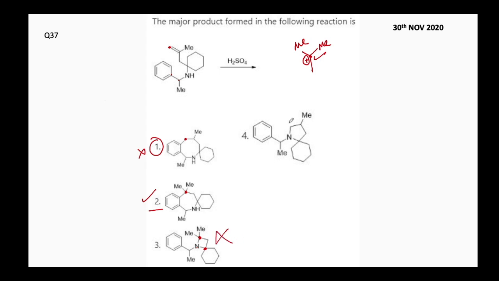And also, if the carbocation forms on this carbon, which is actually not going to happen, if the carbocation forms over here and the proton is taken over here, then you get this product, which is absolutely not possible because you don't get a primary carbocation, right? So the answer is option number two, and the reaction is very simple. You first of all have to form a more stable carbocation, then the benzene does the electrophilic aromatic substitution.